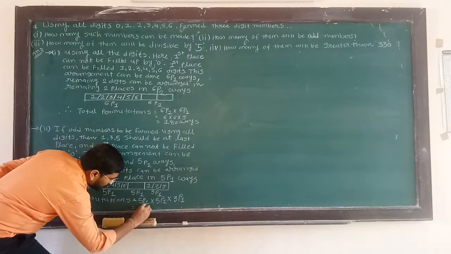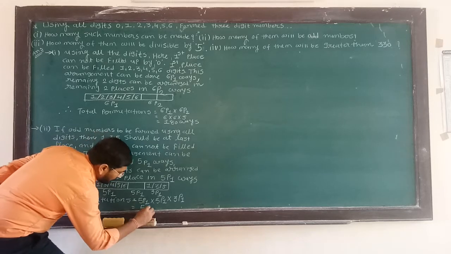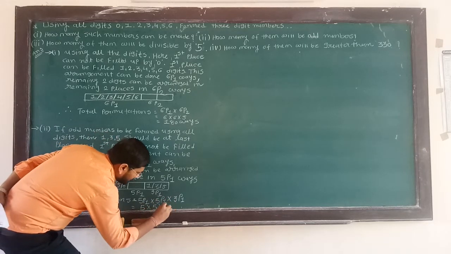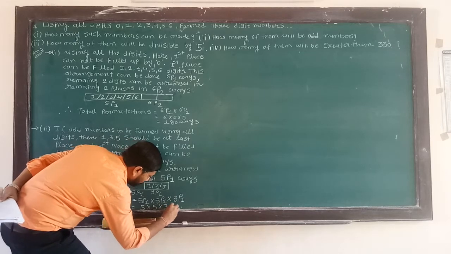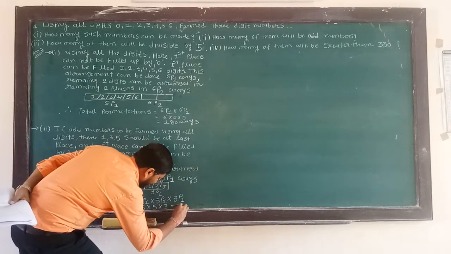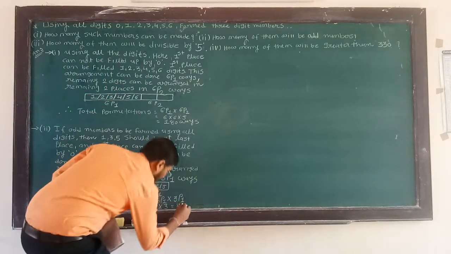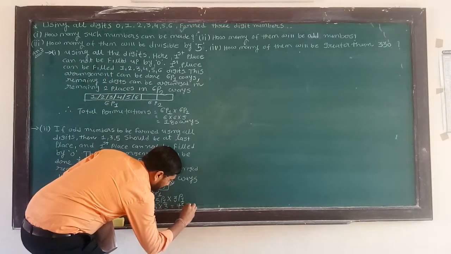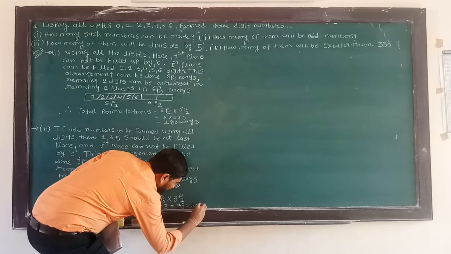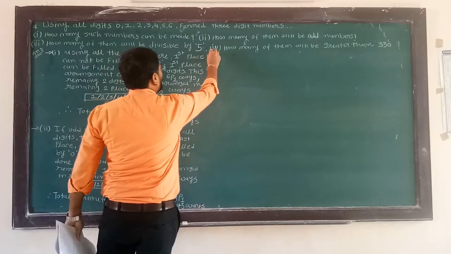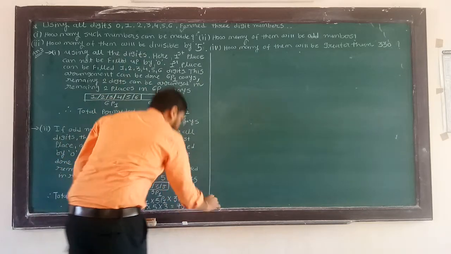So students, 5p1 means 5, also 5p1 means 5, and last 3p1 means 3. So we write 75 ways we arrange this. Now option number 3.